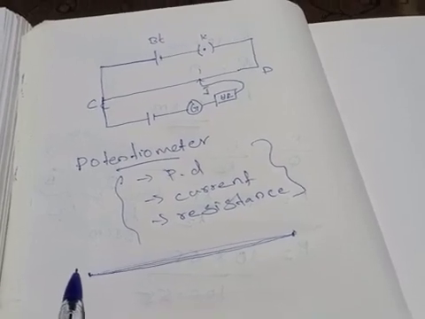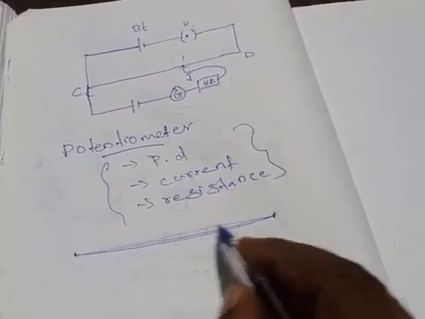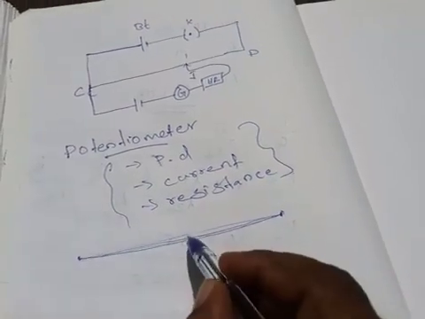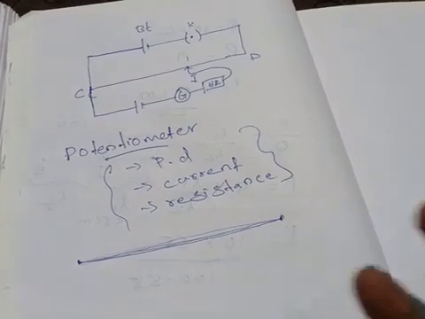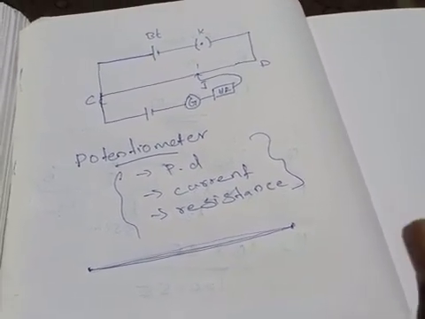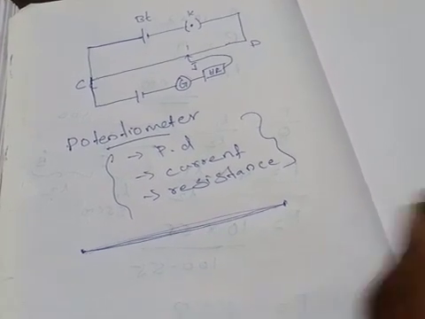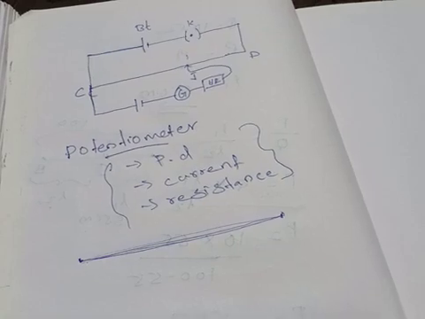It is equal to 1000 centimeter. And this 10 meter long wire is made up of manganin, or you can say constantan, a stretched wire, what you can call an unstretchable wire. That is what it is made up of, manganin or constantan.